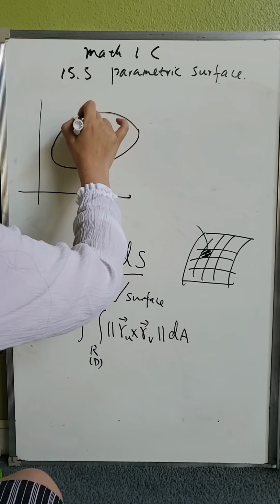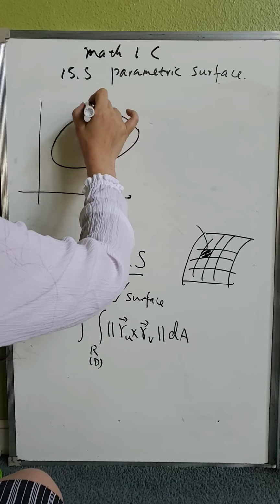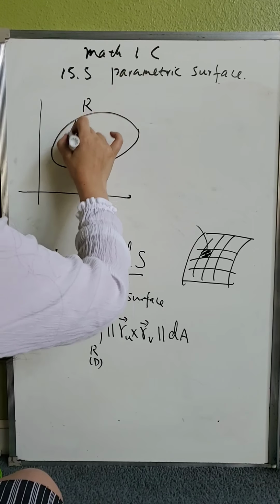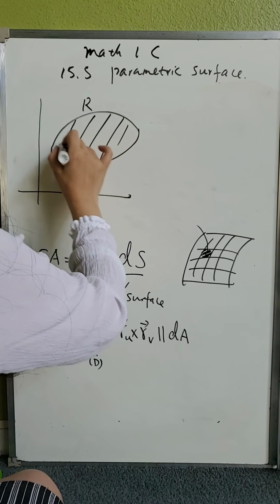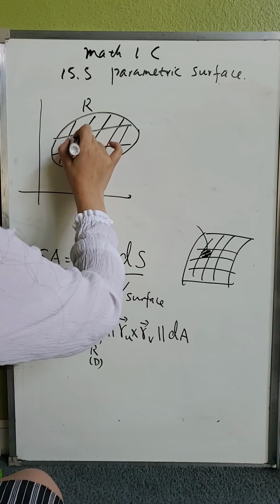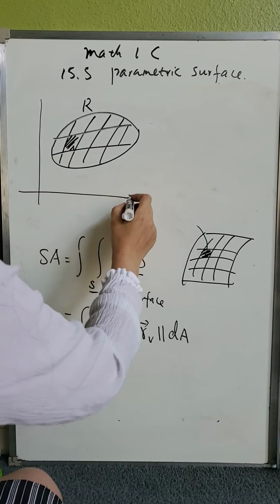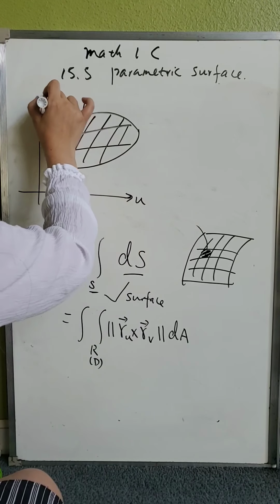There's a region R here, or use a D. So if I want to find the area for this one, I chop it, right? And this is for the flat. This is the UV plane, so 2 dimensions.